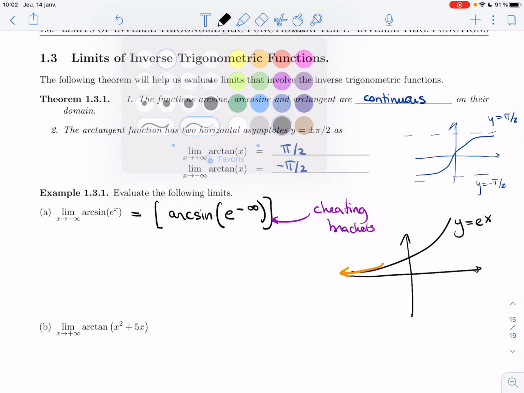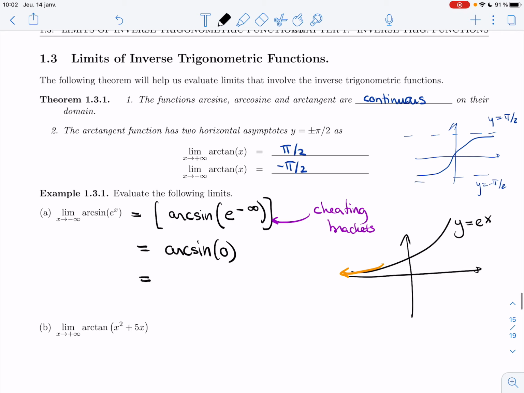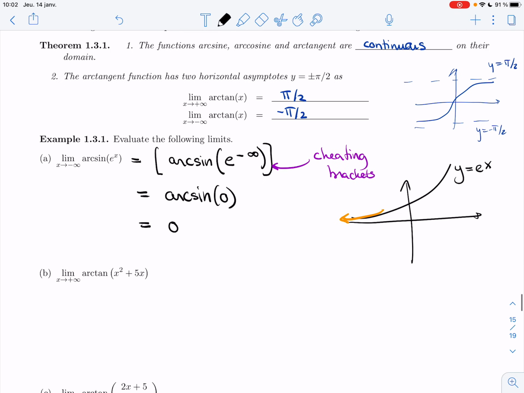And so really, this is going to be arcsine of 0. Now, this is no longer a limit because arcsine of 0 makes sense, and we know that arcsine of 0 is 0. Either using the calculator, or if we've computed it a few times, or just reminding yourself of that.